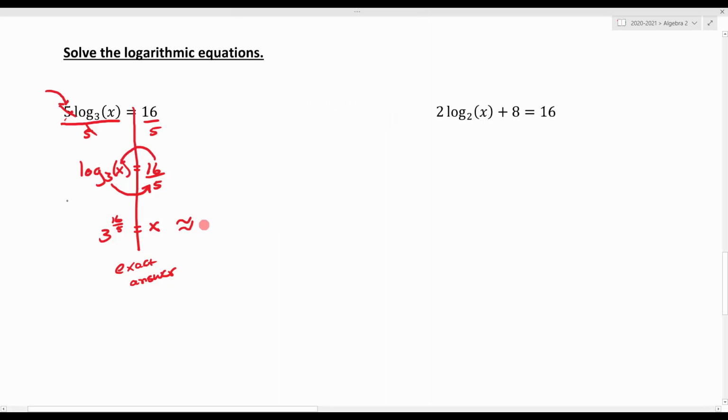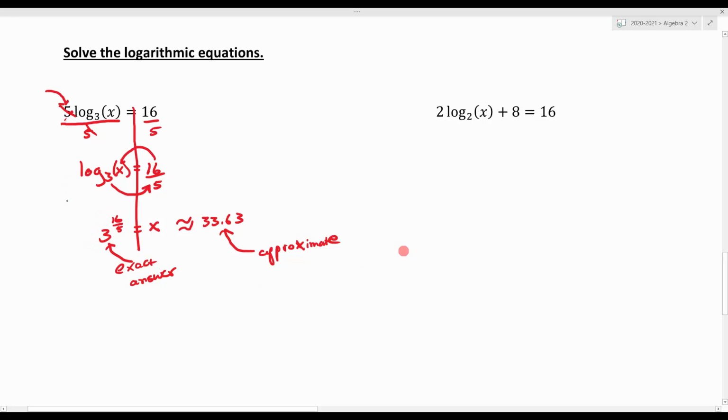So this should be 33.63. So exact, approximate. And like I said, the big thing is just don't do anything with this fraction that ends up in the exponent. When you enter that into MyOpenMath, I'm looking for exactly this expression.